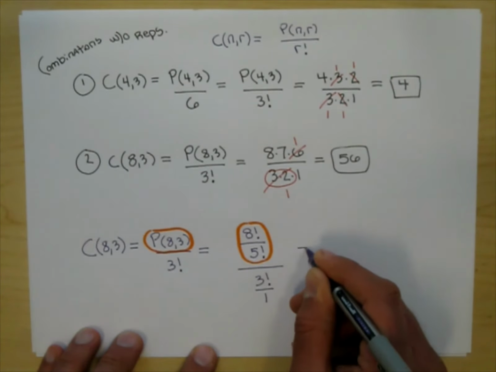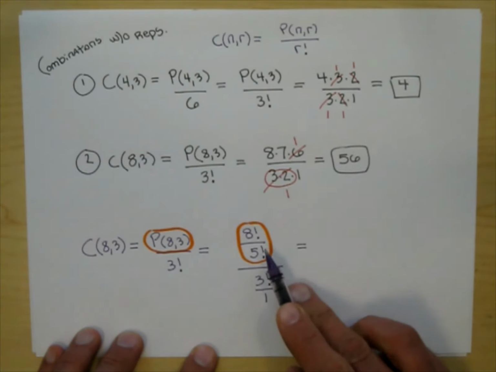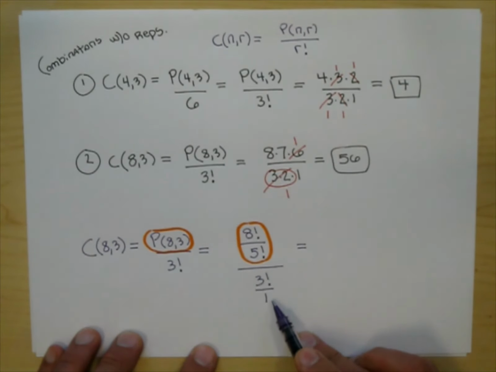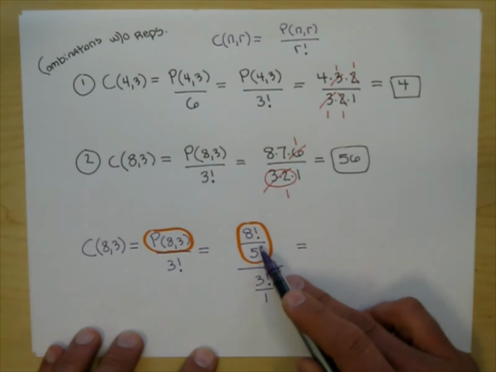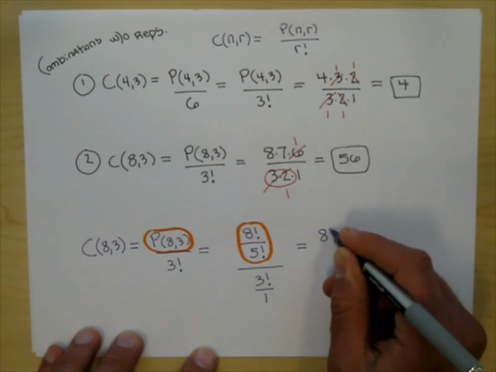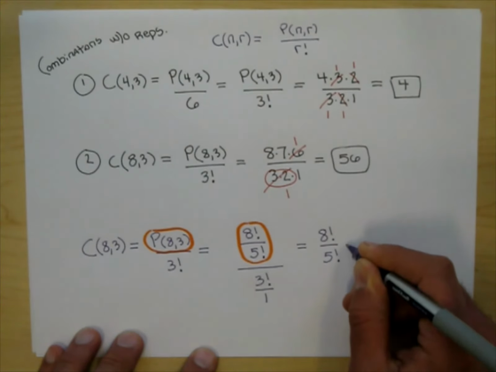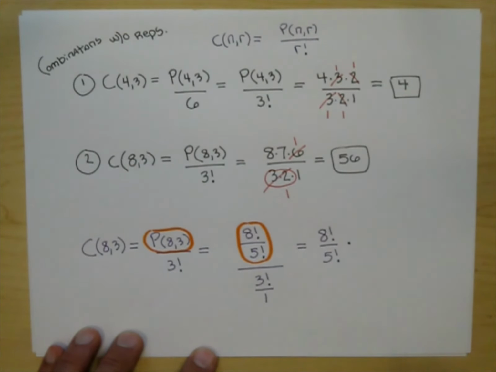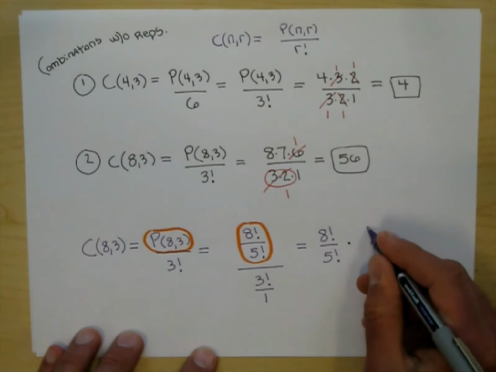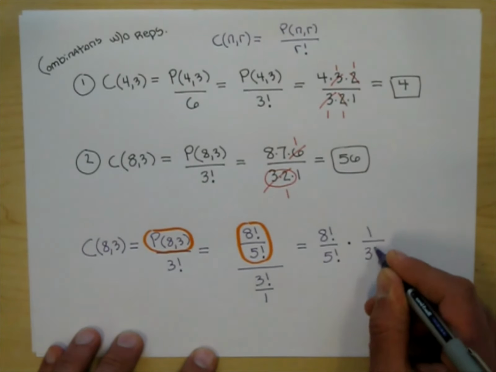And you may have remembered in an algebra class that if you are taking a fraction and dividing by another fraction, there's something called copy dot flip, invert and multiply. So I'm going to do copy dot flip. Copy the top. Dot, that's multiply, and then flip the bottom: 1 over 3 factorial.